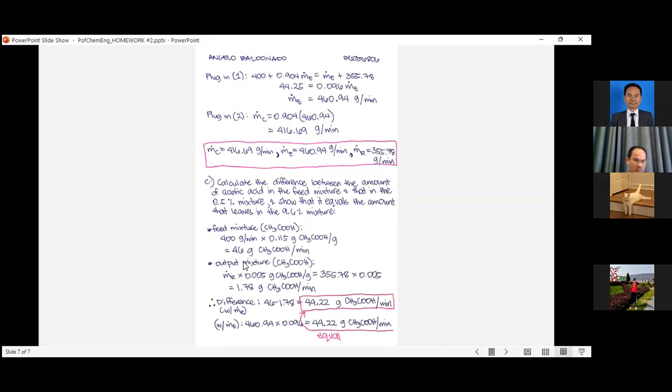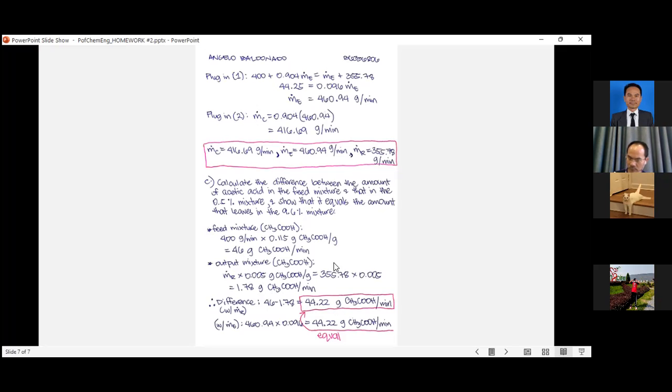And then for the output mixture of acetic acid, we have m dot r times 0.005, and we get 1.78 gram of acetic acid per minute. And then its difference is 44.22 grams of acetic acid per minute.